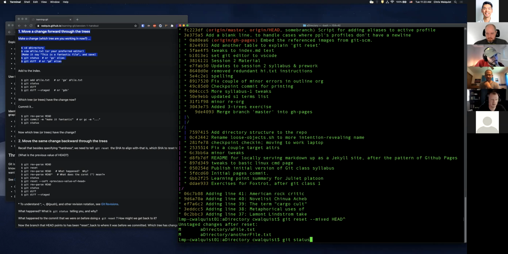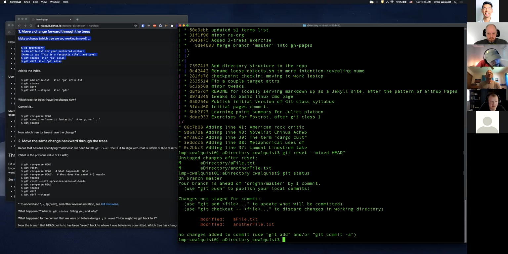No. Correct, because I didn't have any before, when I ran the git status before I did the reset. So exactly, like you say, they're not staged for commit. That means I've changed head and I've changed the index to match what head has become, but I haven't changed my workspace. So the workspace now shows, in a relative sense, those changes.